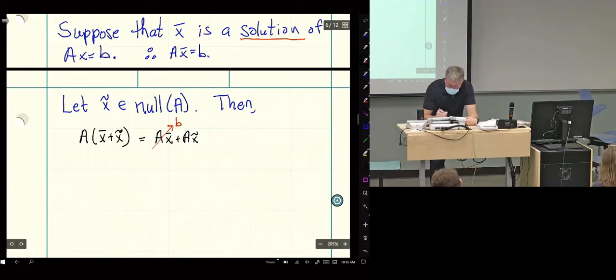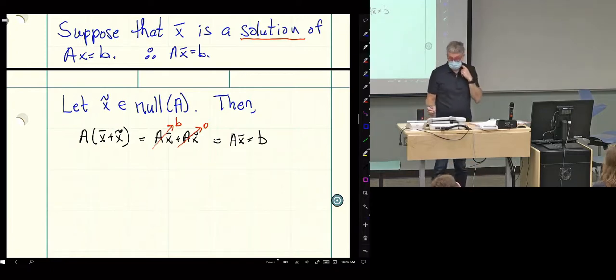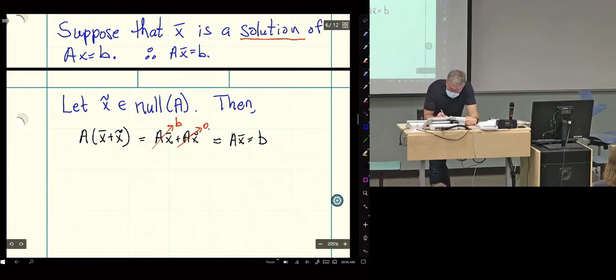We know this is B because it's a solution. And we know this is 0 because it's in the null space of A. That means A times X tilde is 0. So this equals AX bar equals B. And this is the 0 n by 1 vector, okay?